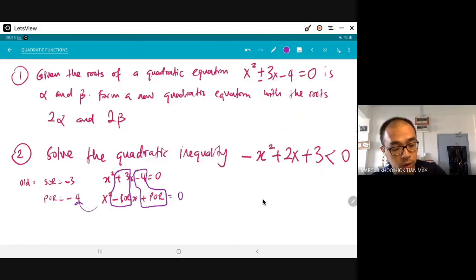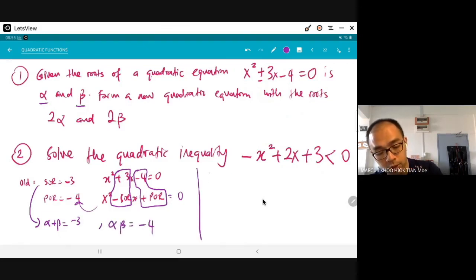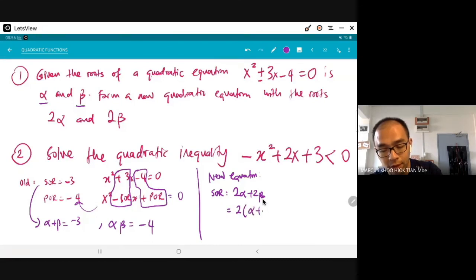Since the roots are alpha and beta, alpha plus beta equals negative 3 and alpha beta equals negative 4. For the new equation, the SOR is 2 alpha plus 2 beta. Therefore, we factorize to get 2 times alpha plus beta.